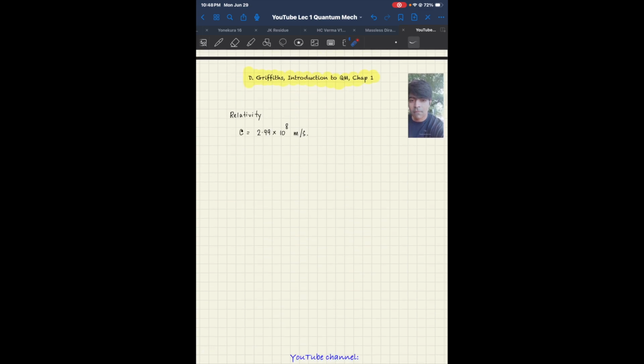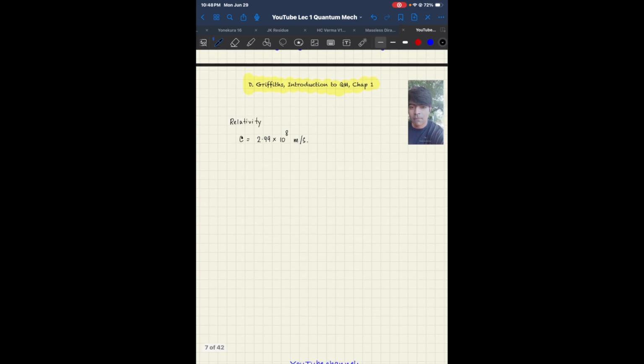The whole exercise is to figure out or to solve for this x and t, this guy. Solve for the wave function.